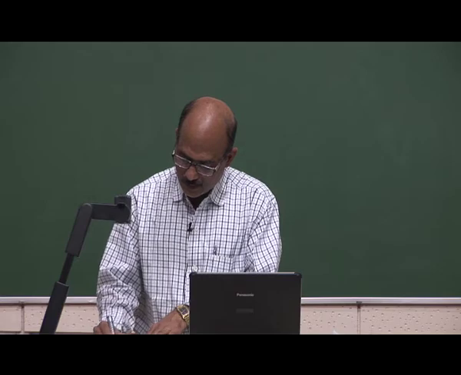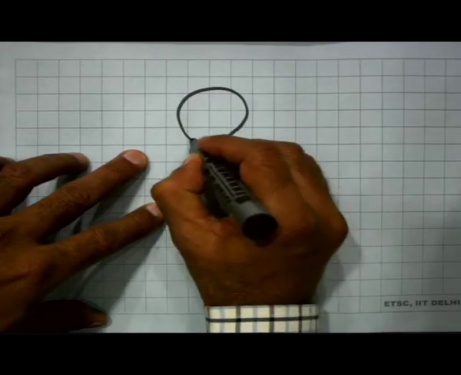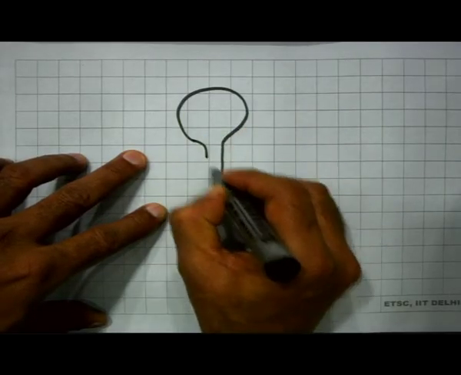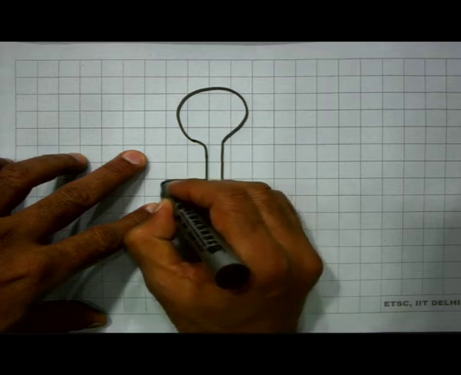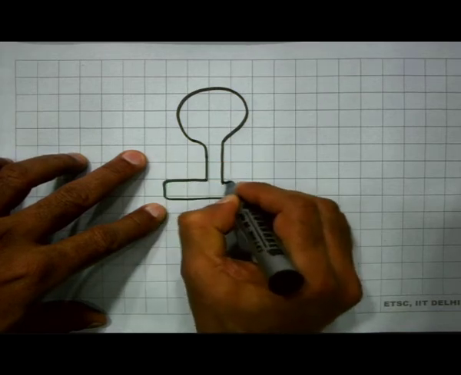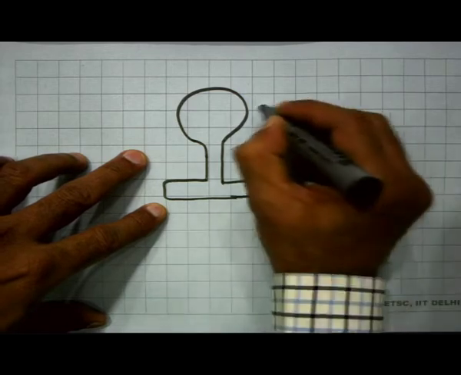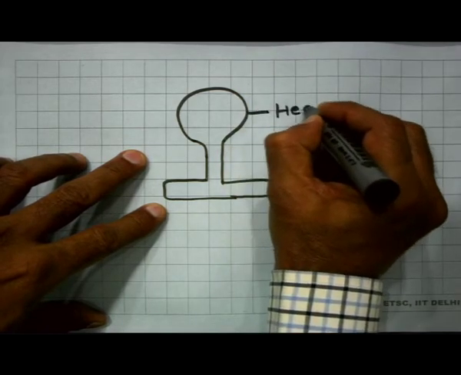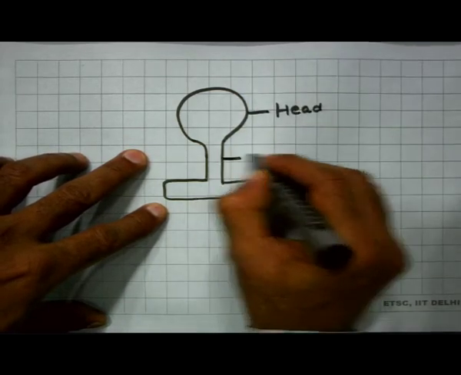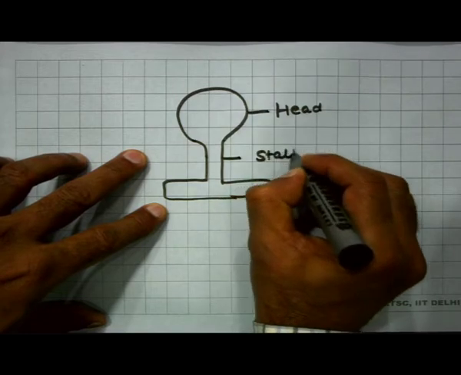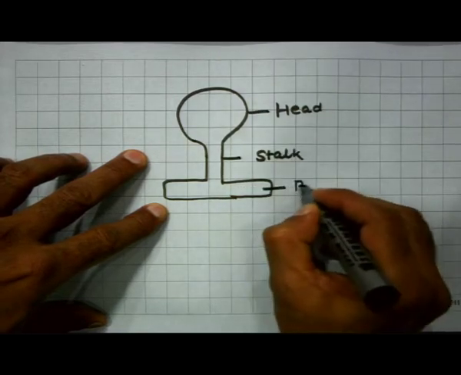The oxysome structure is of this type: this one is the head, this is the stalk, and this is the base.